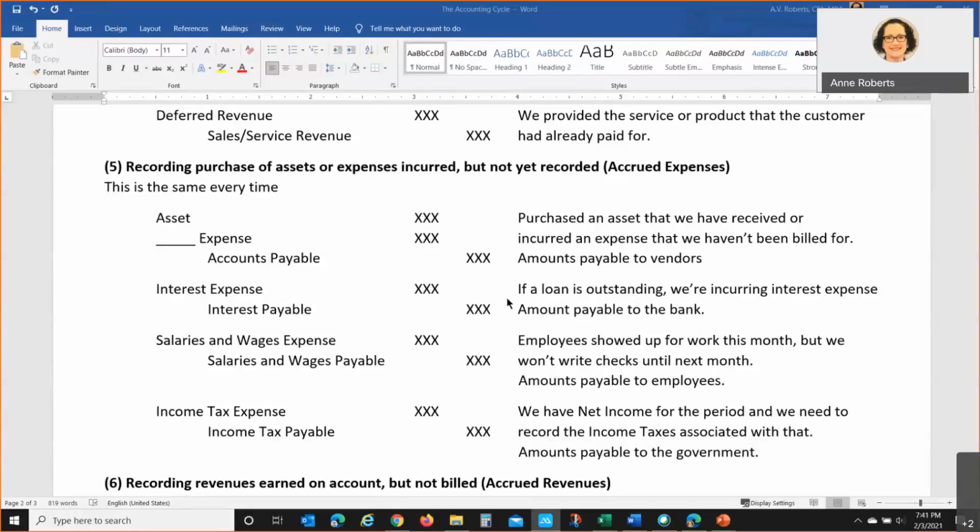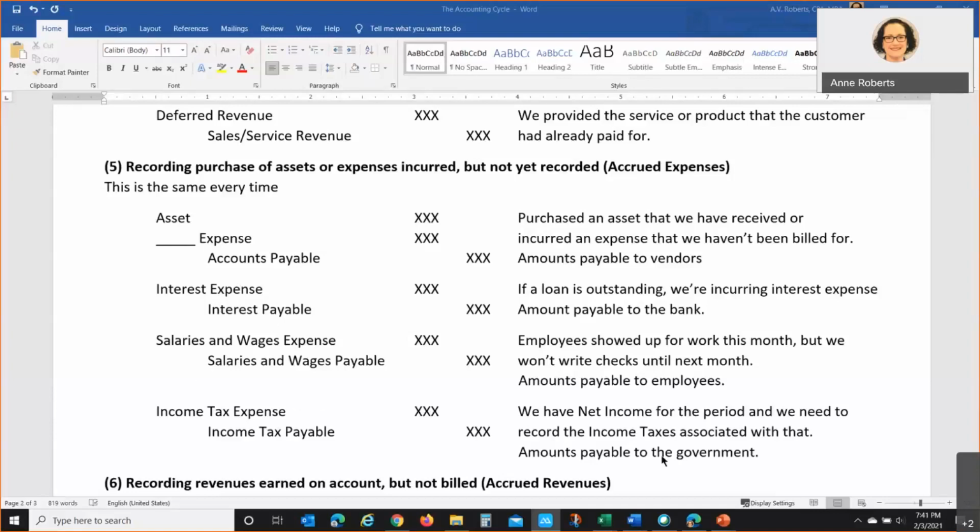If I see a note payable outstanding, we've got interest expense, unless the interest rate is 0. We've got to record that interest expense. We'll pay that interest expense next month, but we've got to get it recorded this month because it was incurred this month.